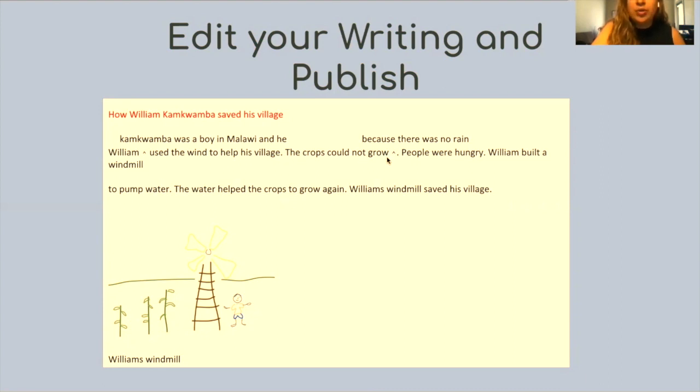The crops could not grow, and then I added a reason why they couldn't grow. Because there was no rain. People were hungry. William built a windmill to pump water. The water helped the crops to grow again. William saved his village. So notice how I added information here to make my writing better.